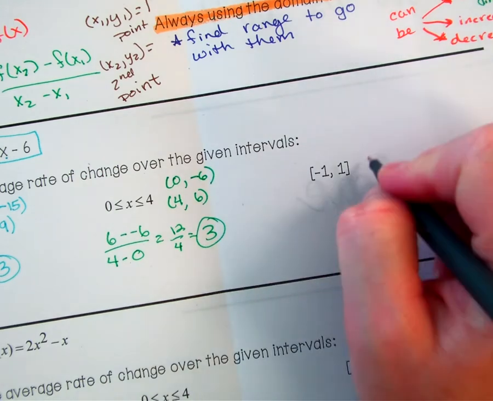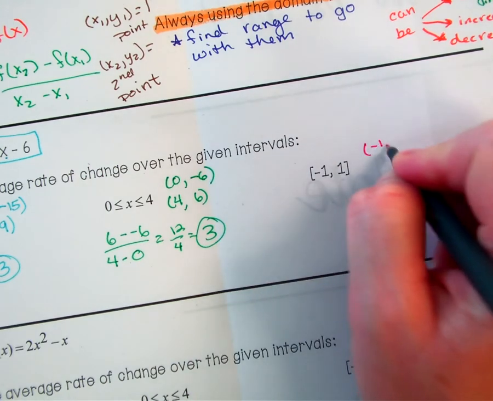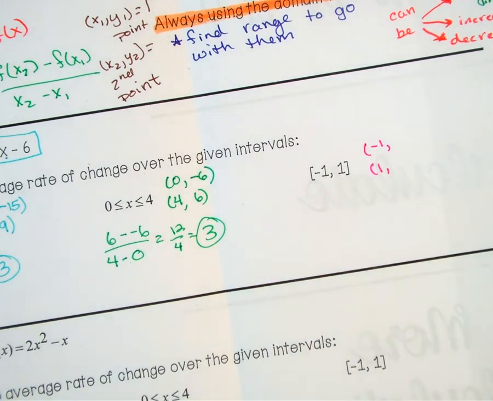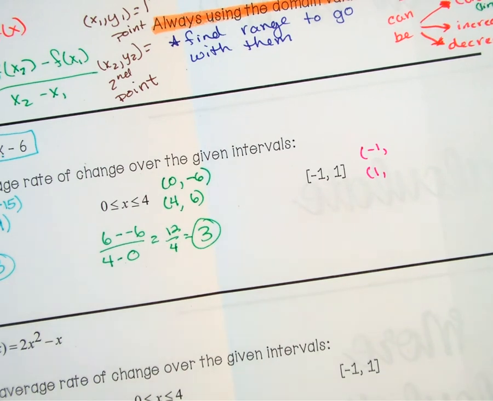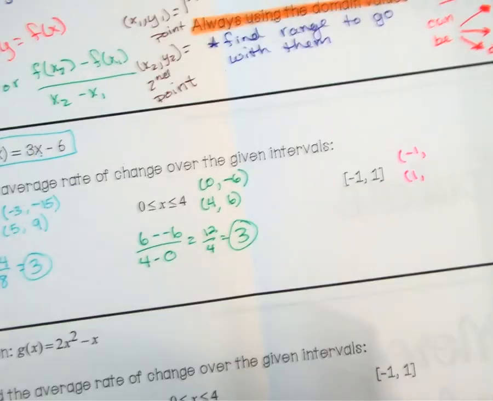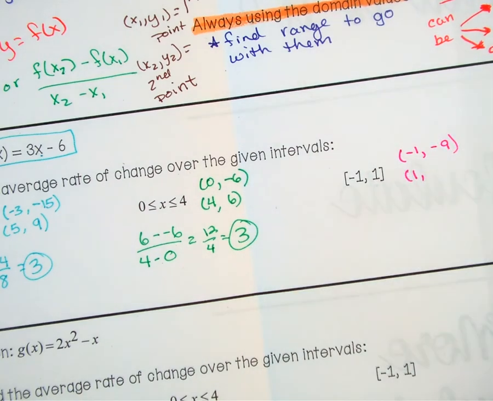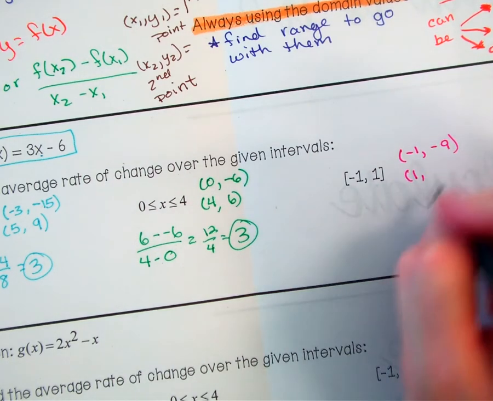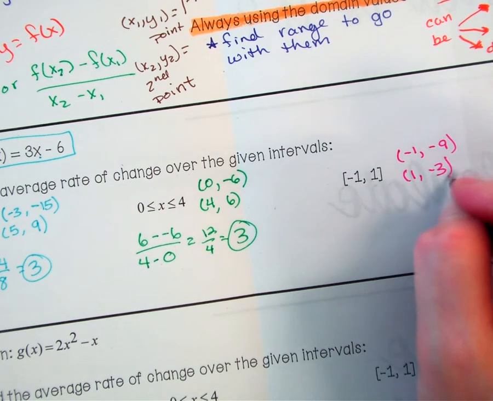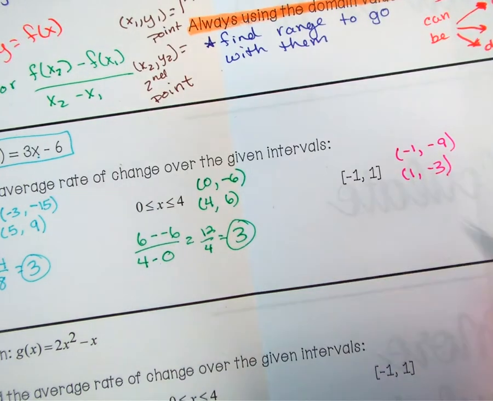Then the last interval that they want us to look through: -1 gives me a -9, because that'd be -3 minus 6. +1 gives me a -3. So there's my 2 points.